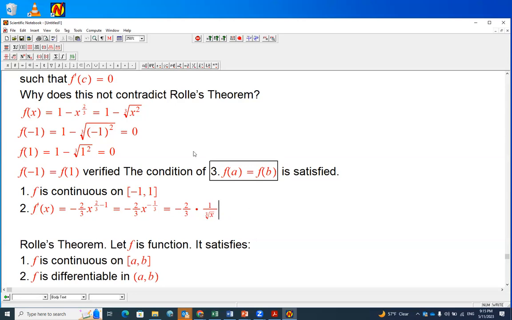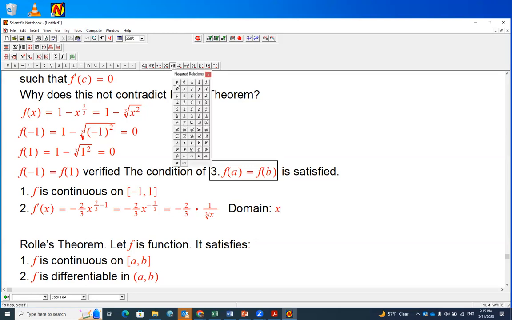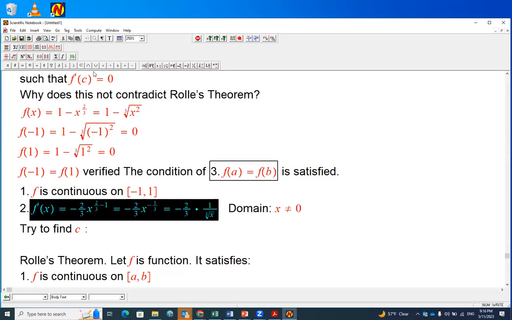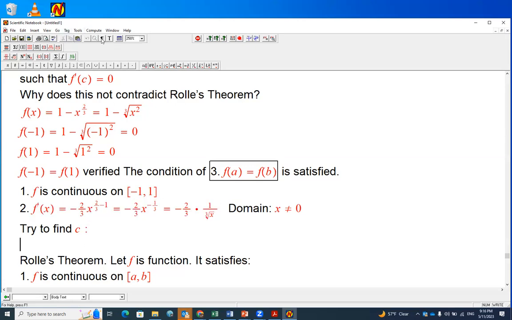X is in the denominator, and in this case, the domain of the derivative is such that x cannot be 0. If we try to find the c in the theorem, what do we have? We're going to set the derivative equal to 0.